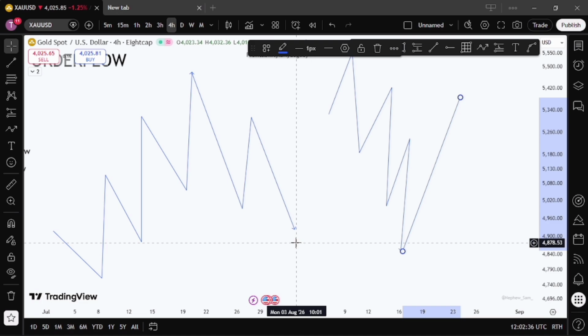Okay, now taking us back to what the rule of order flow states. It says that if a disruption of an internal or external order flow occurs, price tends to use structures as liquidity.